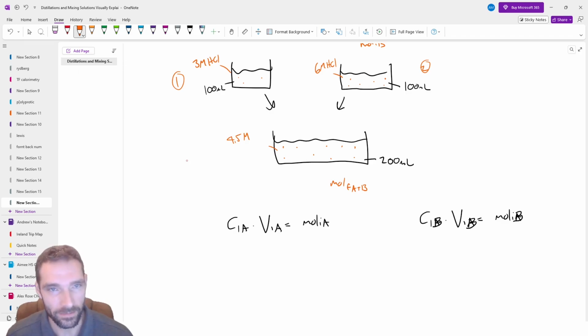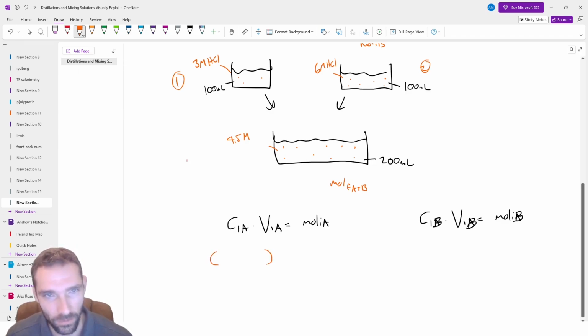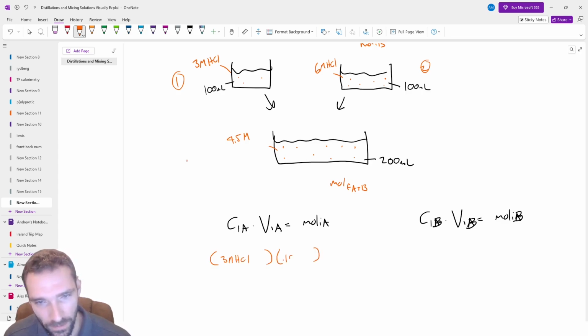So if we do that, we've got our 3 molar HCl and it's being multiplied by 0.100 liters on this left side for that first one. So we're getting 0.3 moles of HCl.